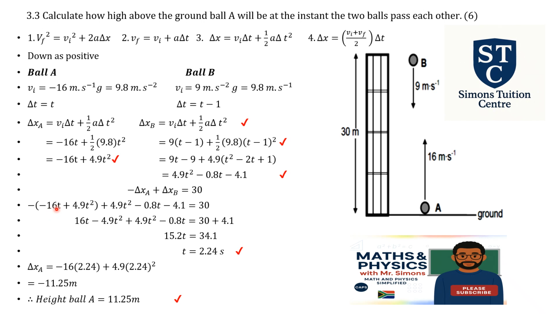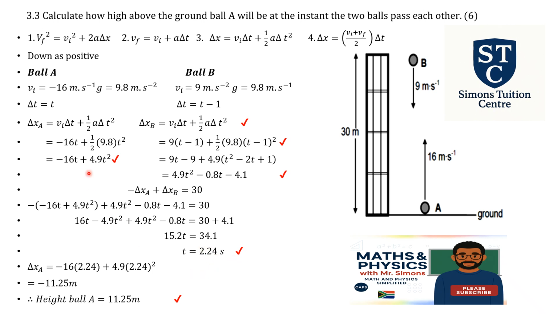We multiply out: 16t minus 4,9t squared plus 4,9t squared minus 0,8t, and if I take minus 4,1 over, it becomes plus 4,1. Minus 4,9 plus 4,9, those two cancel like terms. 16t minus 0,8t gives me 15,2t. 34,1 divided by 15,2 would give me 2,24 seconds.